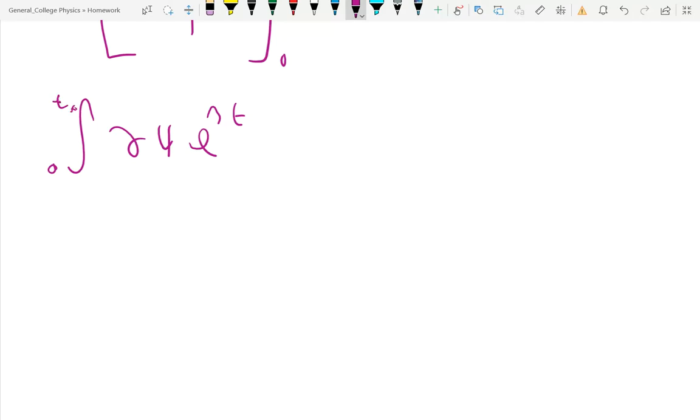Let me rewrite this so it's legible. Since 24 is a constant, it can just be pulled out front. Make sure you throw your dt in there. So we're going to do 24 times the integral from 0 to t sub f of e to the 3t, dt.